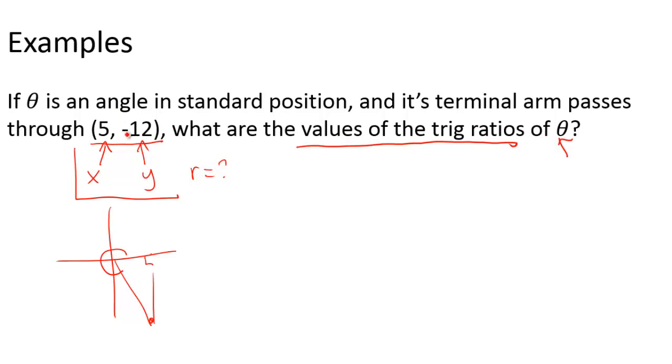Well, that's according to the Pythagorean theorem, which tells you that 5 squared plus -12 squared is equal to r squared. And if you run that through, you get 25 plus 144 is 169, and the square root of that is 13, so r is 13.